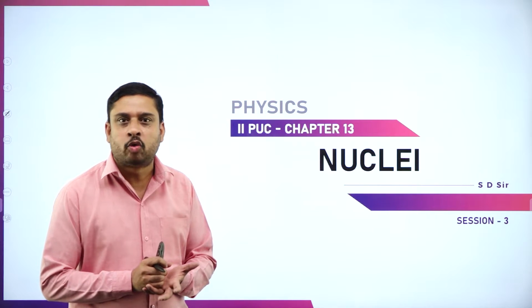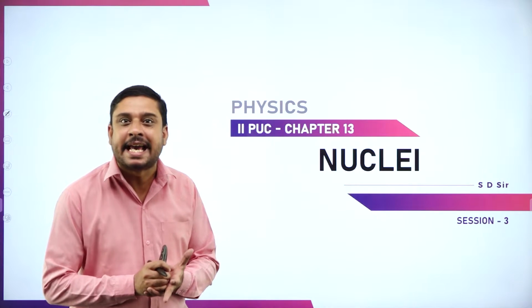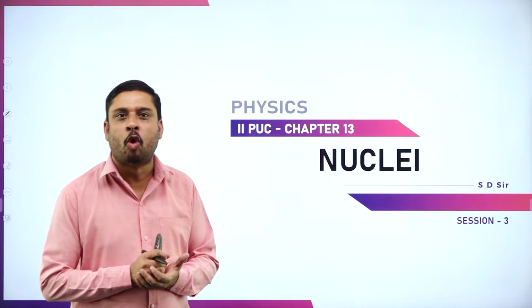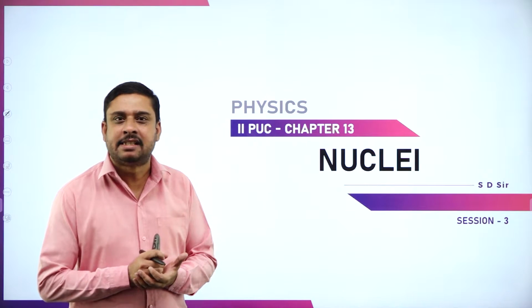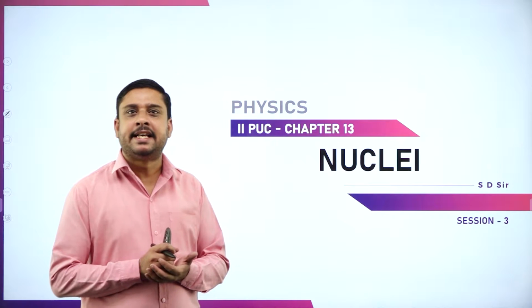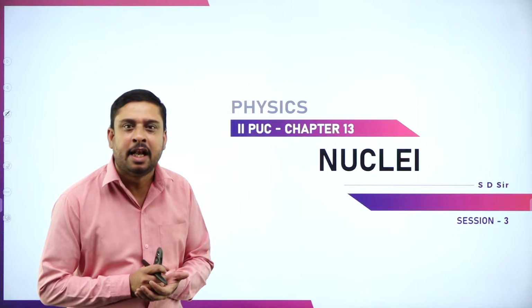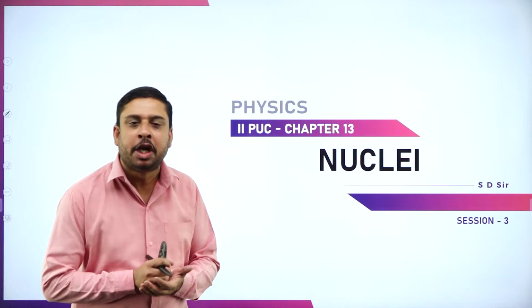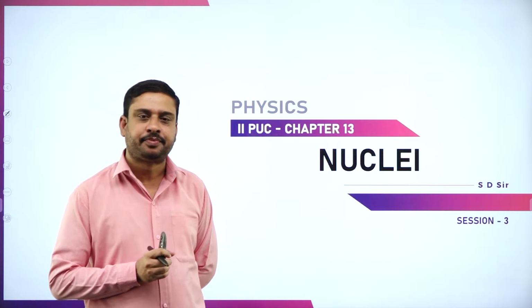We spoke about the atomic size, where we told the radius of a nucleus is directly proportional to the cube root of its mass number.